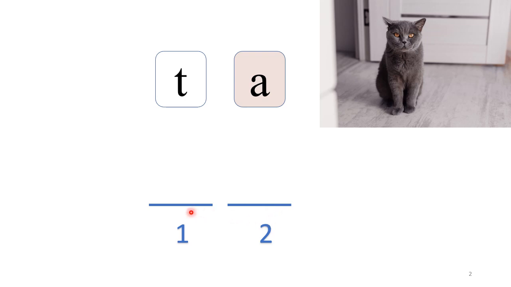Now, one thing you can do to support students, because at this point in their development, they probably can't hear the sounds. Some kids can, but many of them will not be able to hear two distinct sounds of a and t. So what you can do is you can help the students feel the sounds and explain to them that if they put their hand under their chin, they can feel their chin drop, and when their chin drops, they're saying a different sound.